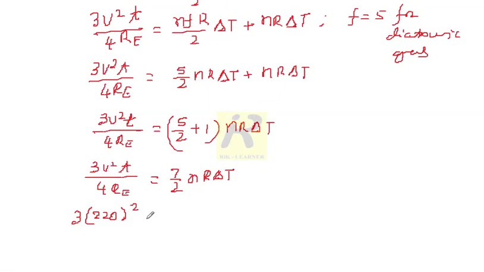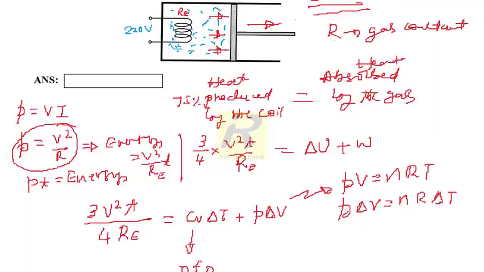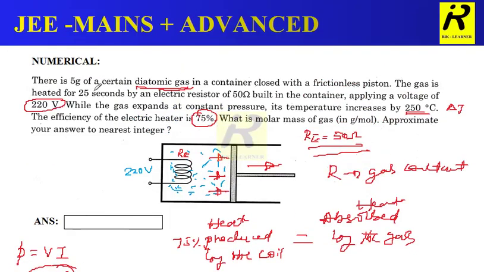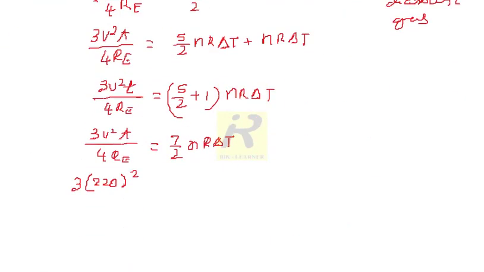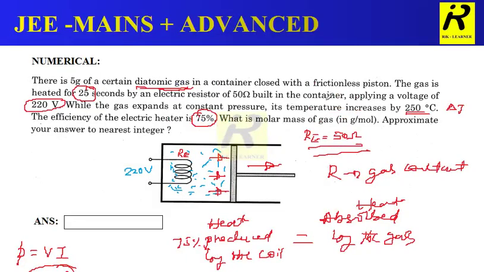And for what time are they applying the voltage? They are applying the voltage for 25 seconds, right. So this should be shown here, which is 25, and whole divided by 4 into Re, which is 50 ohm. Resistance of the coil we already wrote, which is 50 ohm, given here, right.